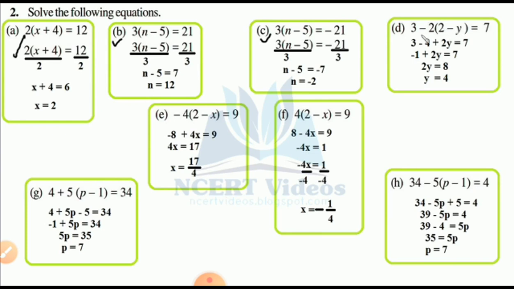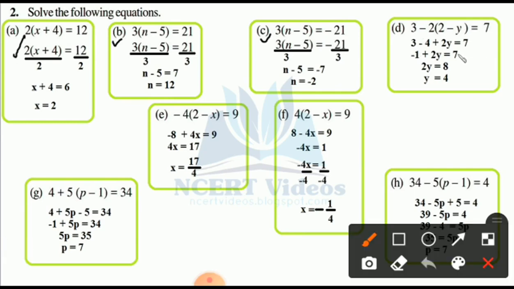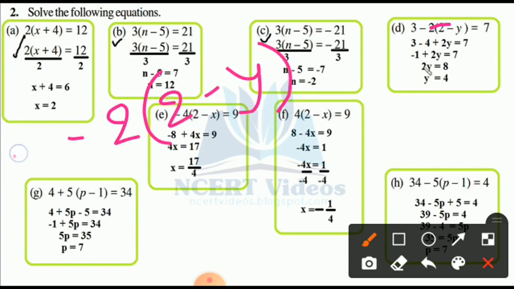Again b. Yes. First of all, we can expand the brackets. 3 as it is, 2 2s are 4. Again 2 is multiplied with the y. But here minus, see this 2 has to multiply with this one. Minus 2 and 2 minus y. This is the question, students. So 3 is as it is, minus 2 and 2.